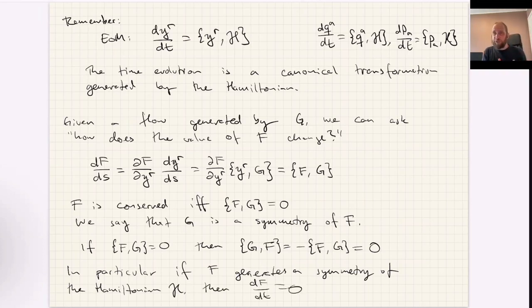So f is conserved. So you'll see how this is very close to what we said in the case of Noether's theorem, right? If we have some symmetry, then there is a corresponding conserved quantity. And in this case, the conserved quantity is the function generating the symmetry.